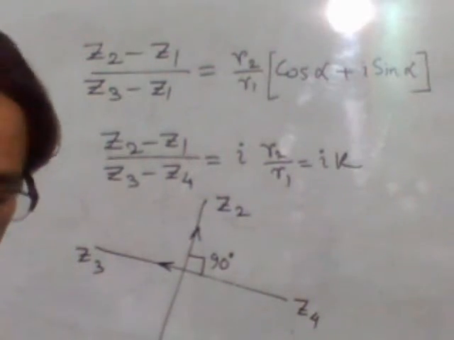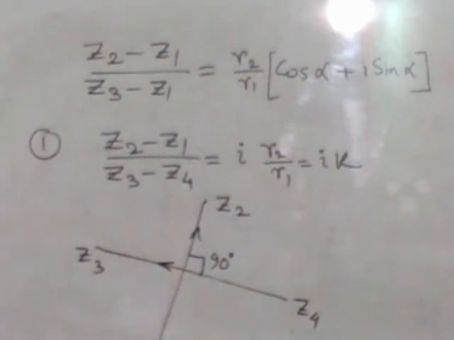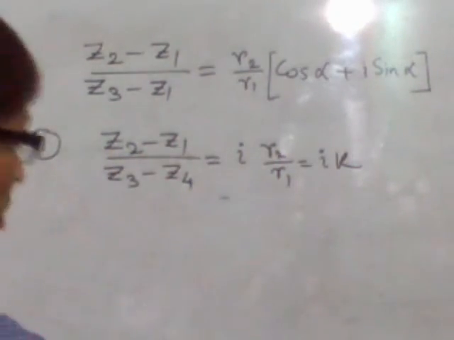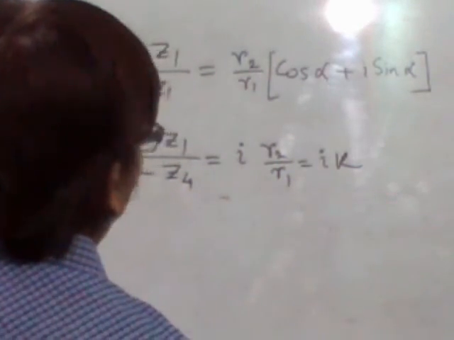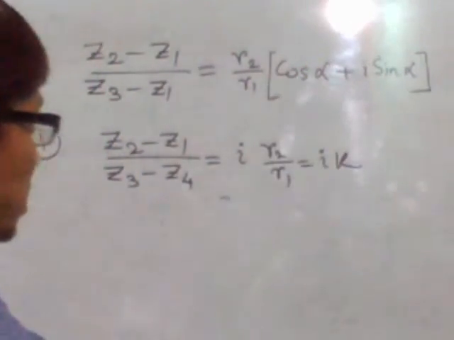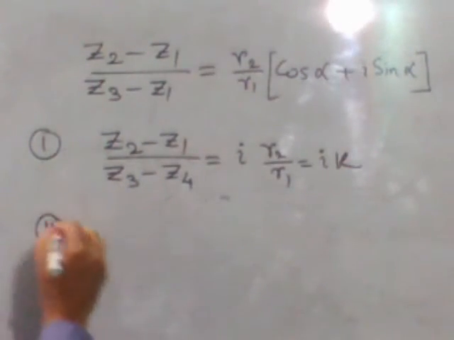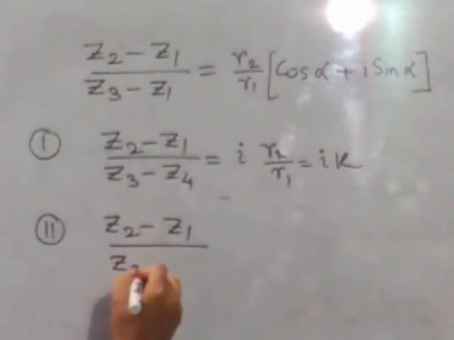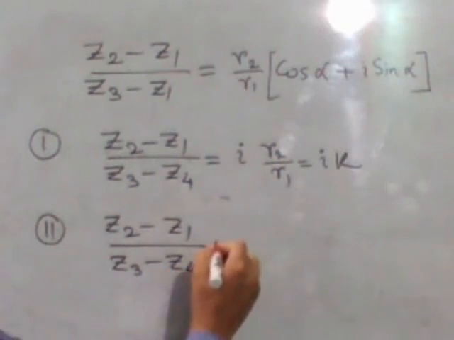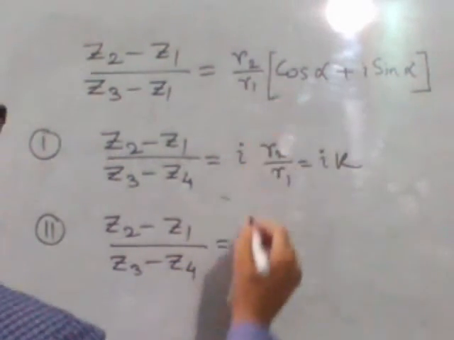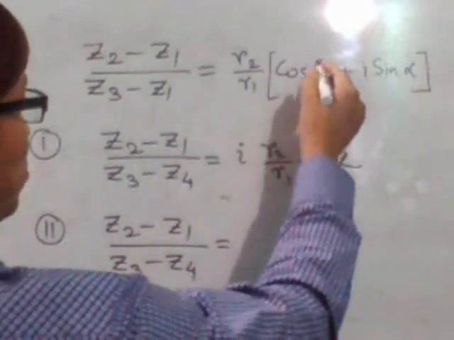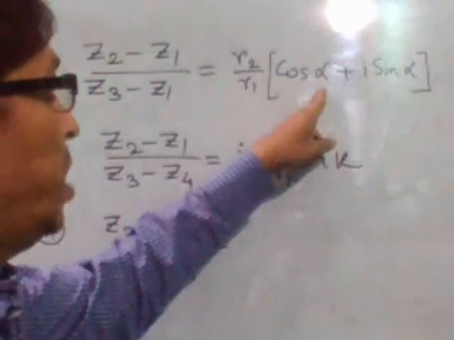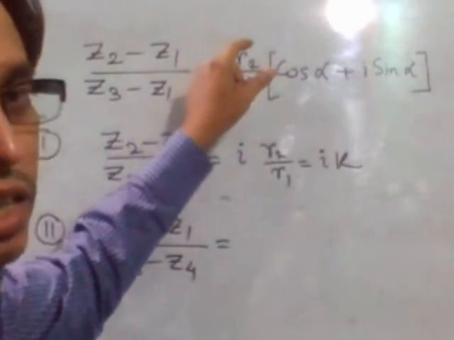And the number 2 condition is this. If the angle between two vectors is either 0 degrees or pi, that means the points are collinear. Say Z2 minus Z1 by Z3 minus Z4: if we put alpha equal to 0 degrees or alpha equal to pi, then we get a real value.